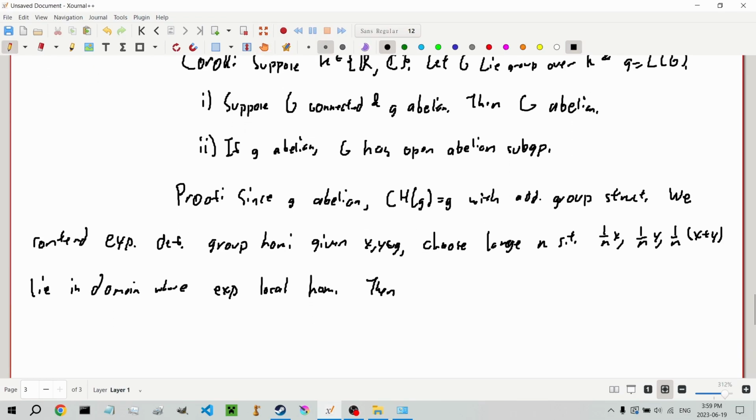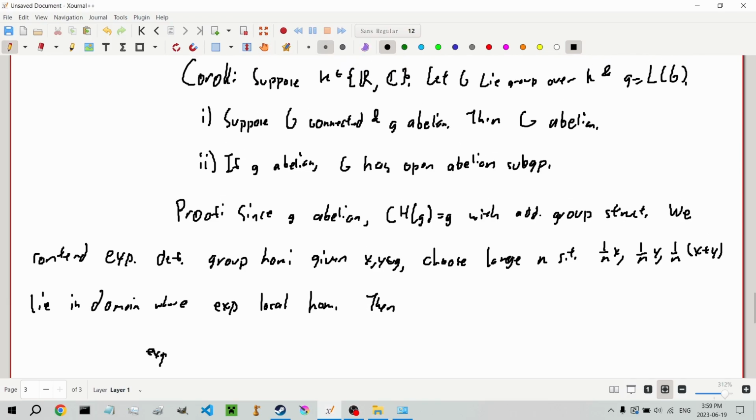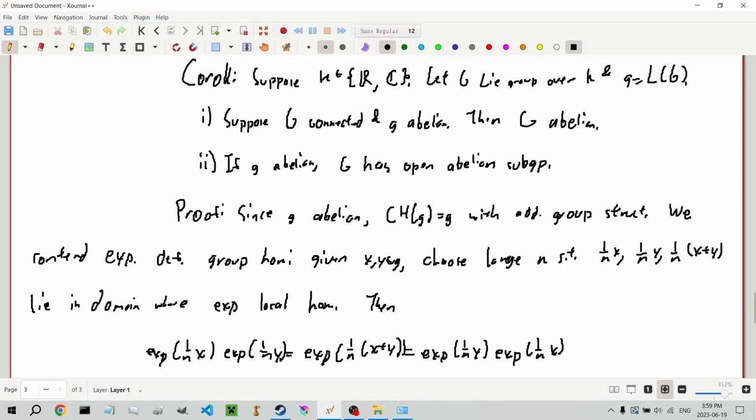Then the exponential of 1 over n x times the exponential of 1 over n y is the exponential of 1 over n times x plus y, which is the exponential of 1 over n times y times the exponential of 1 over n times x.